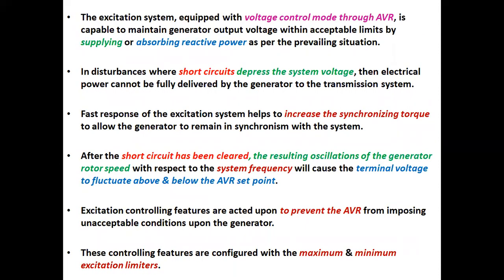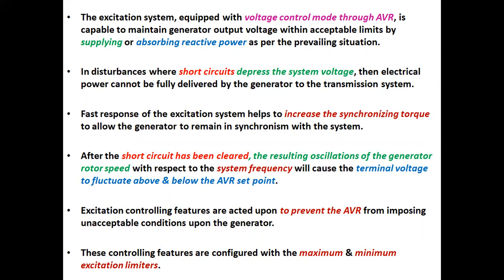The excitation system equipped with voltage control mode through AVR is capable of maintaining generator output voltage within acceptable limits by supplying or absorbing reactive power as per the prevailing situation.